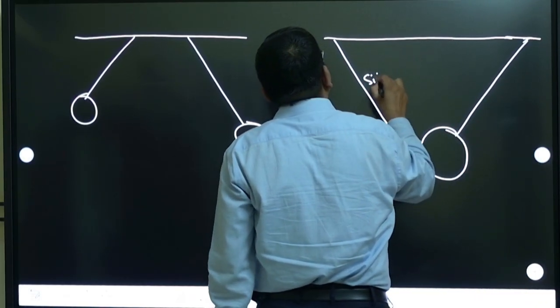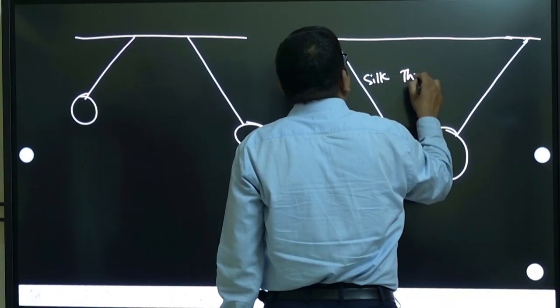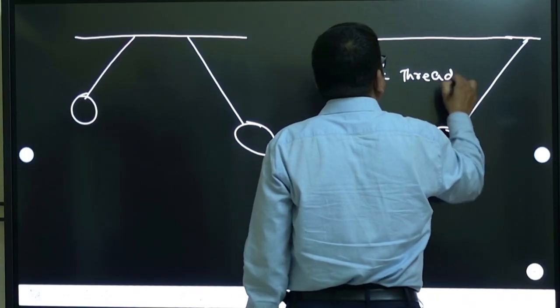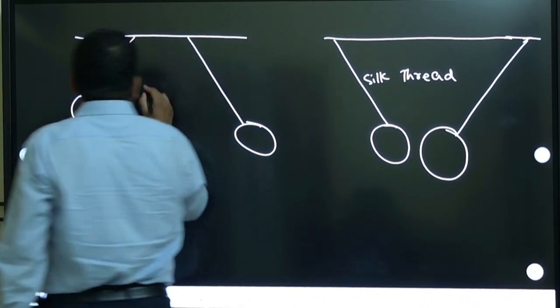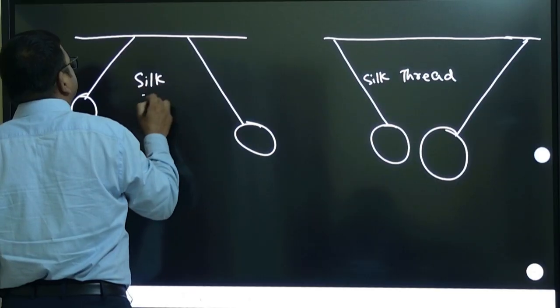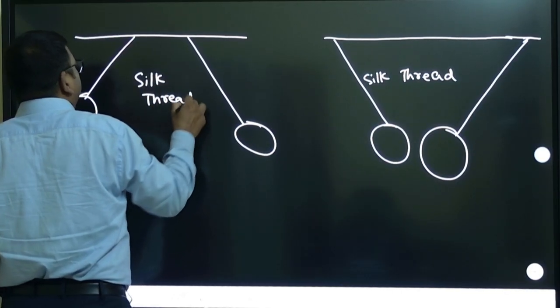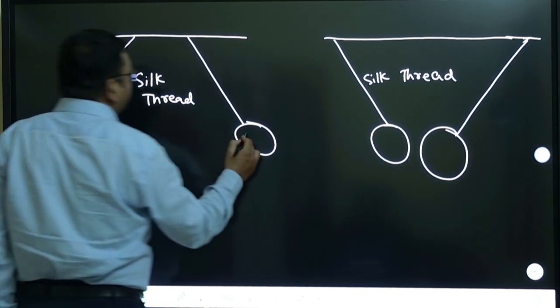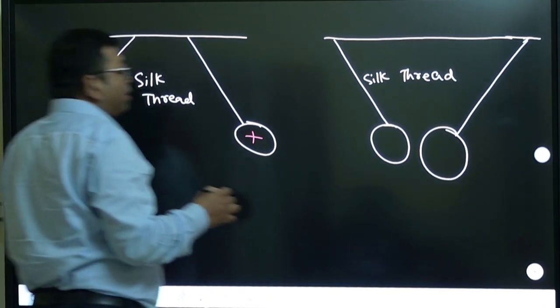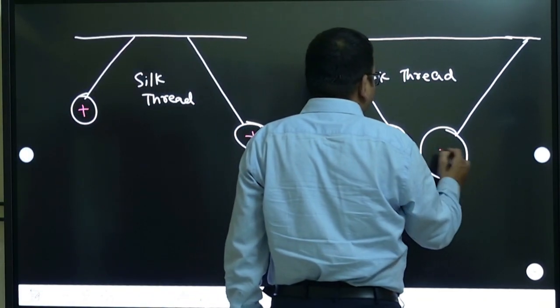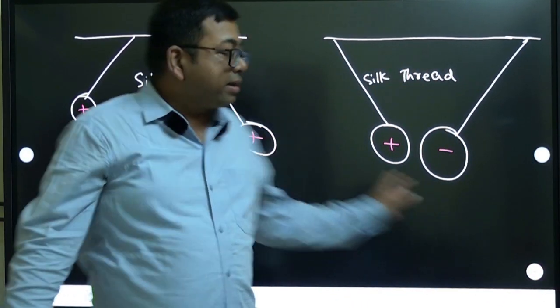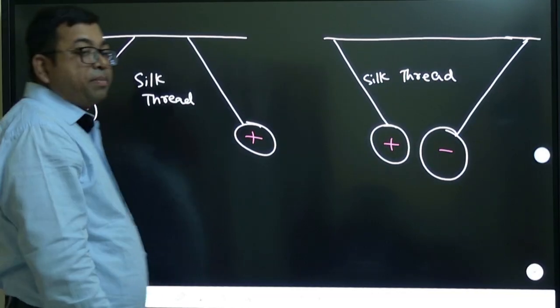And note that this is silk thread. Using silk thread, they are hanging these. Let us say this is positive and this is positive, so they will repel. And this is positive, this is negative, they will attract. Even negative and negative will repel.